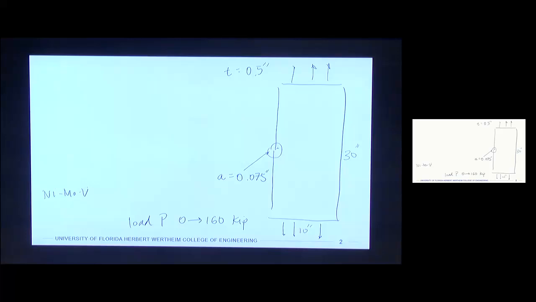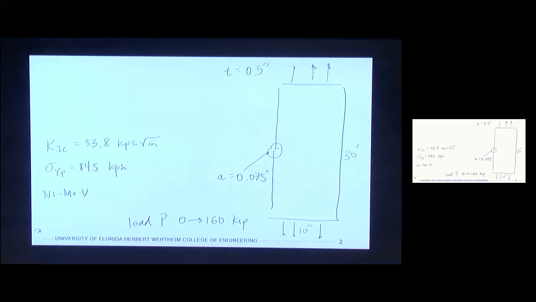We kind of looked at some plots that had that material already, with a yield point of 84.5 kpsi and plane strain fracture toughness of 33.8 kpsi square root inches.